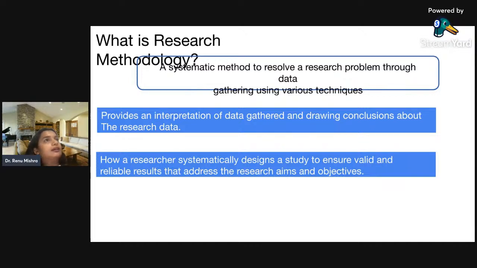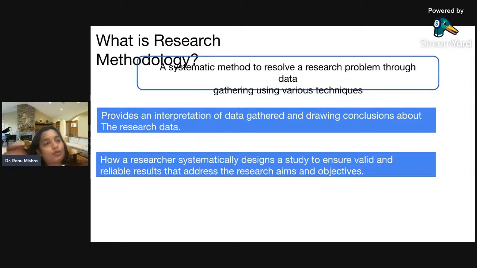Like, here it'll be a room, here a master bedroom, here a living room, here a kitchen, here a dining area. That plan is methodology. How exactly you are progressing with your research, what particular kind of design will be taken, that is methodology.